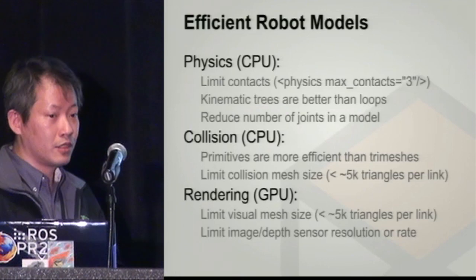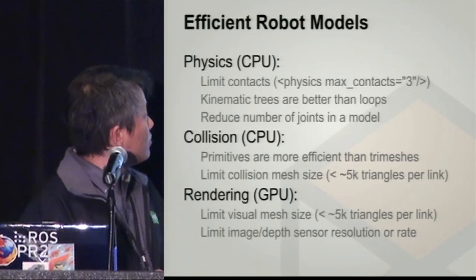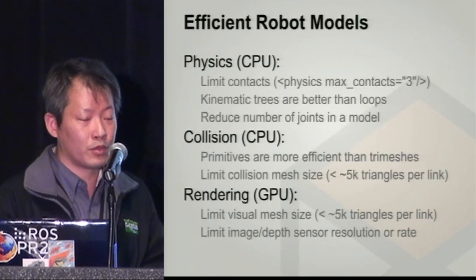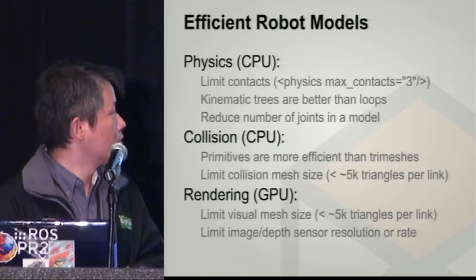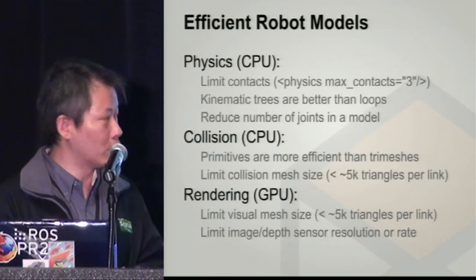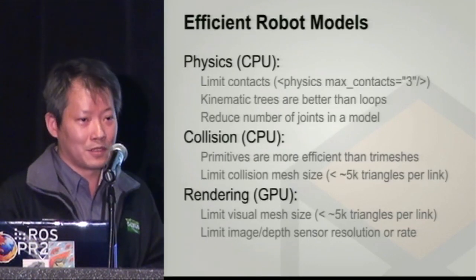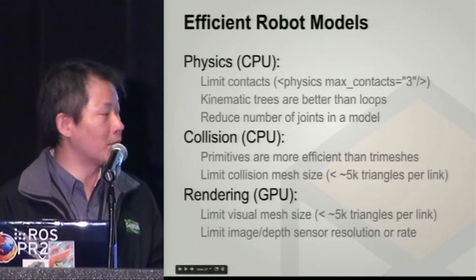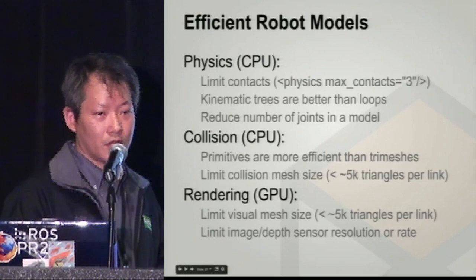And for collision detection, the one thing to keep in mind is that geometric primitives are much more efficient for the engines than a tri-mesh. And this is obvious because you have to go through the list of triangles of a tri-mesh when you're doing the collision detection.